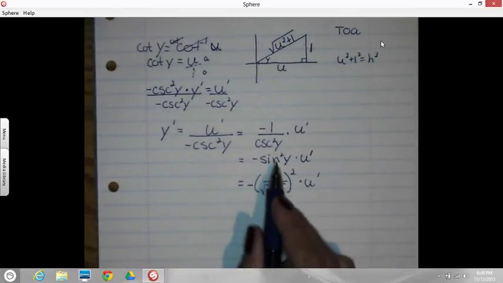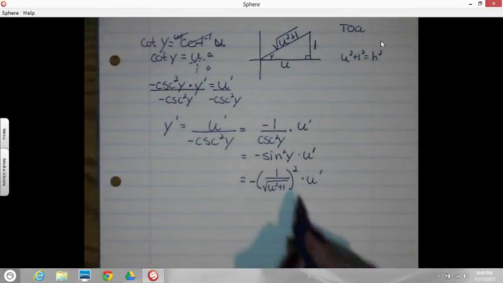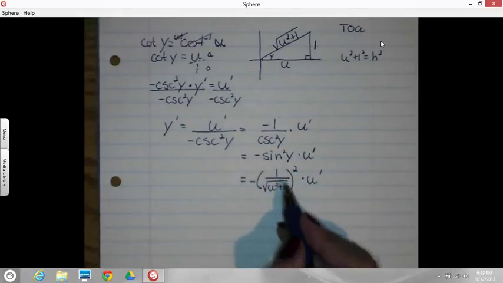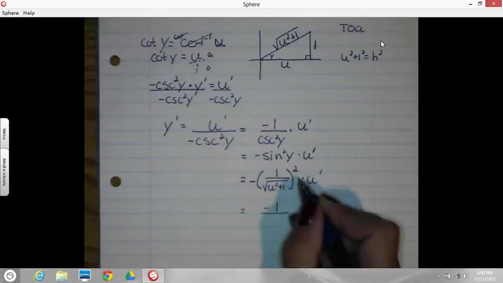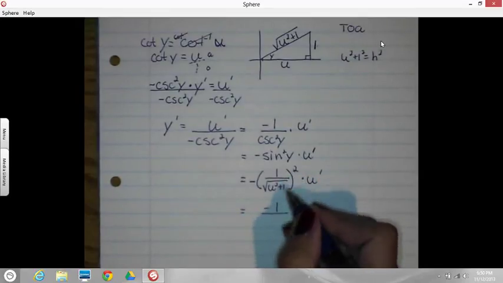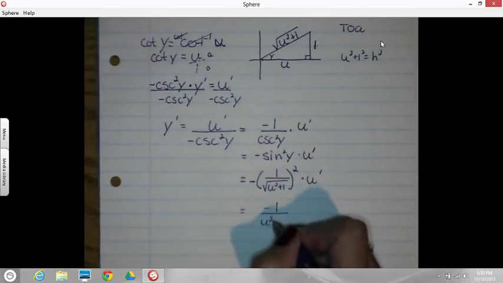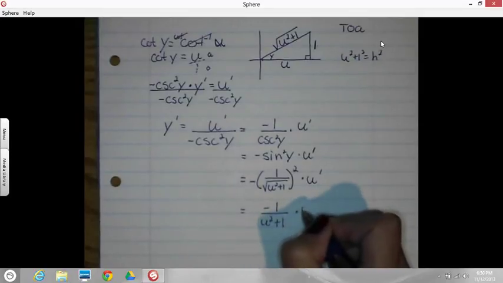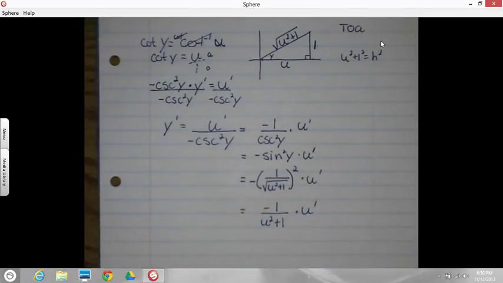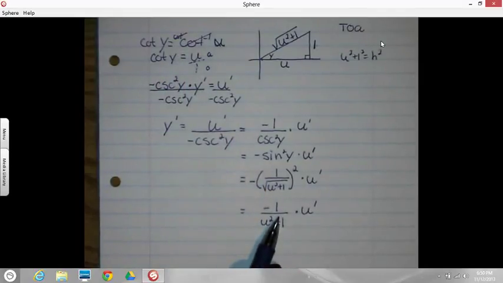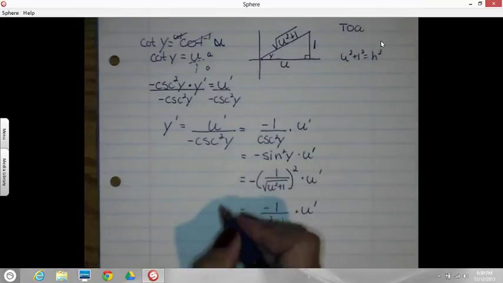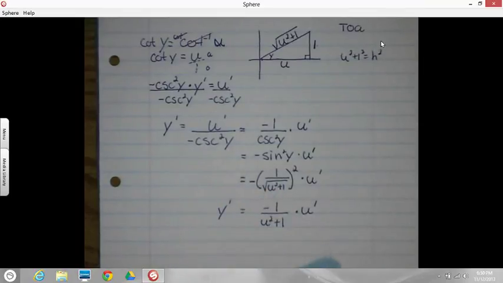So square the 1, square the denominator. The negative is still here. Remember, when you square a square root, they cancel each other out, and you just get the stuff underneath. There is your inverse cotangent derivative. When y is inverse cotangent, that's your rule.